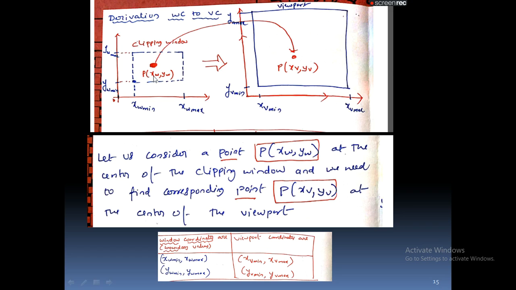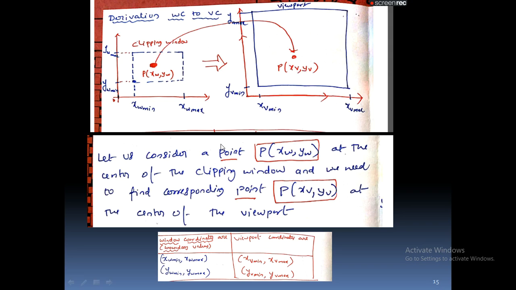In this slide, P is one point we selected in the clipping window and its position is XW comma YW. For the same point P, we need to determine the corresponding pixel position in the viewport with respect to viewport coordinates. Then we will get its new coordinate position in the viewport, which can be represented by XV comma YV.